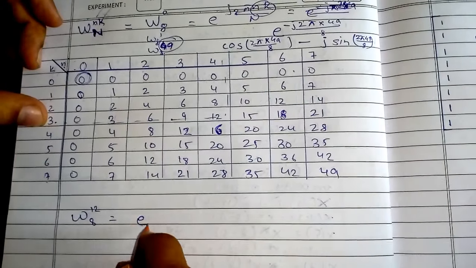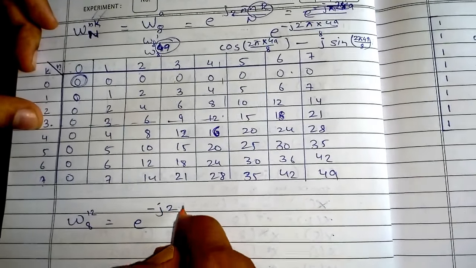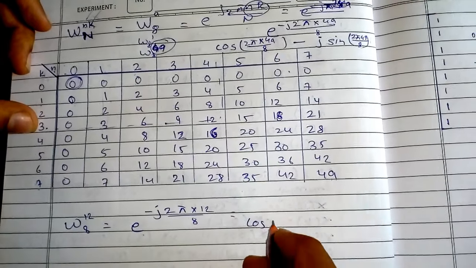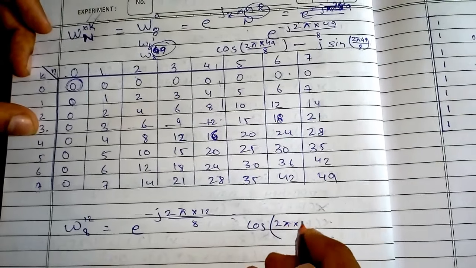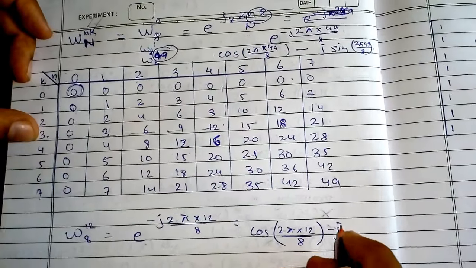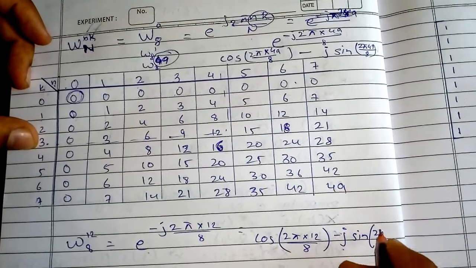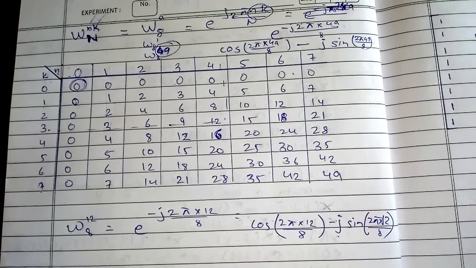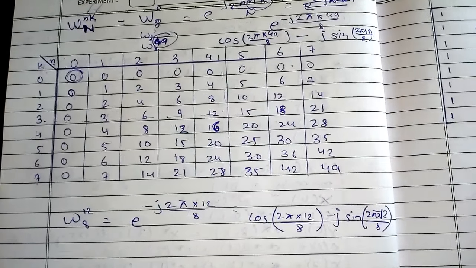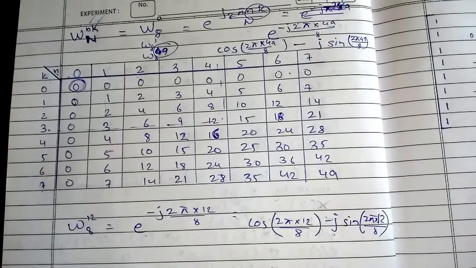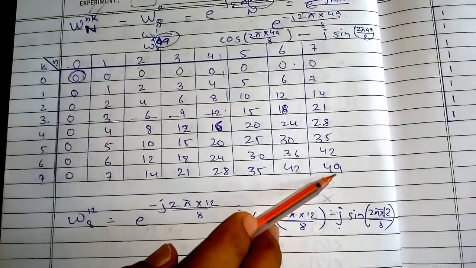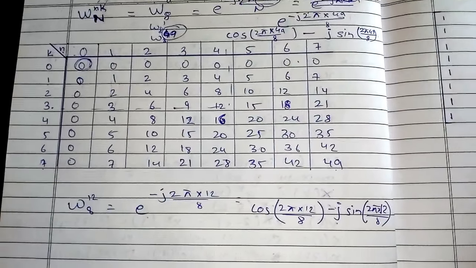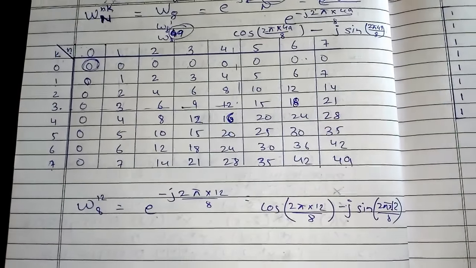That will be expanded as e raised to minus j 2 pi into 12 by 8, which is further expanded as cos of 2 pi into 12 by 8 minus j sine 2 pi into 12 by 8. Basically put these terms in the calculator and you will get your answer. Now the hectic part is you have to calculate it for 49 terms. Can you even imagine that? 49 terms. It's way too much.